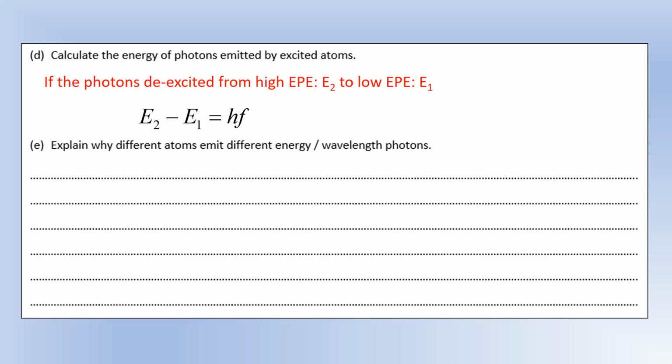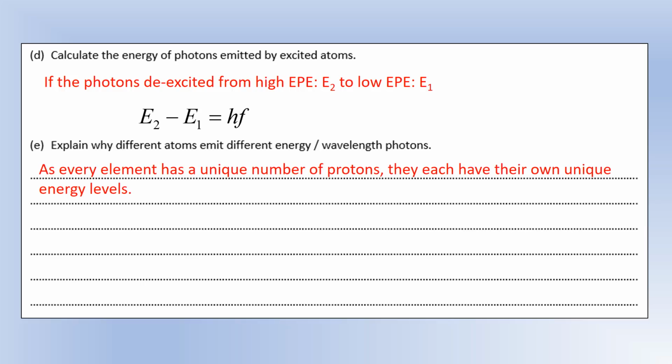And this model of thinking about it explains to us why all of the atoms produce different wavelengths or different colors. So you should know, from those of you who've done chemistry and you've stuck stuff in a Bunsen flame, that they turn different colors when you burn them. So it's the same process here. Because every element has its own unique energy levels, every atom or element produces its own unique photons.